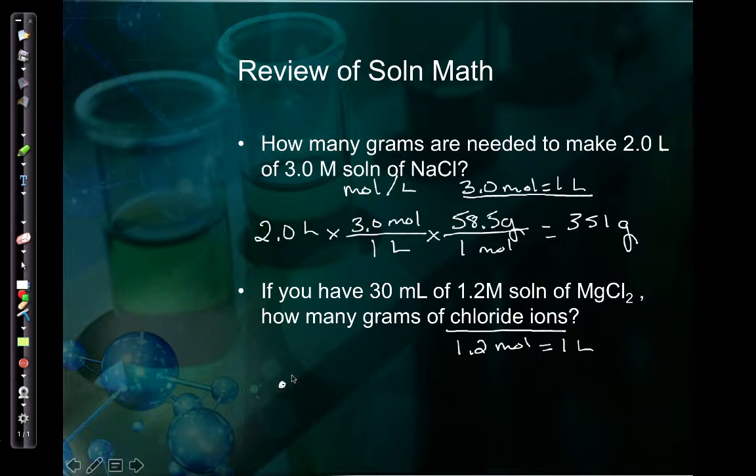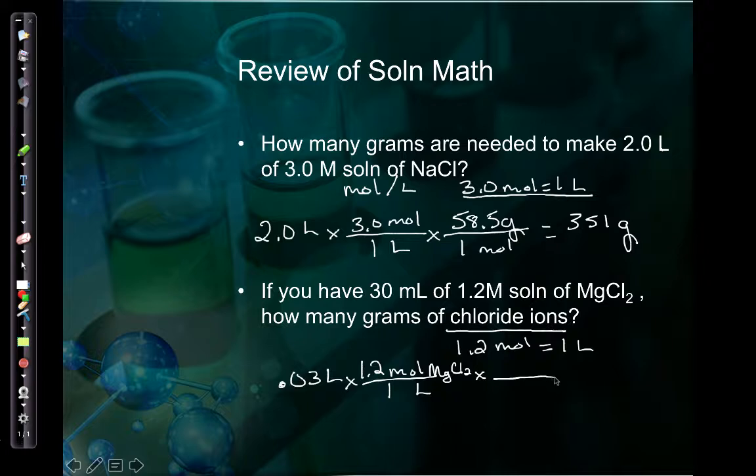This is going to be 0.03 liters, because I want my volume to be in liters. I could show that step if I wanted to. Then I can go to moles of magnesium chloride. There's 1.2 moles for every 1 liter of this solution.